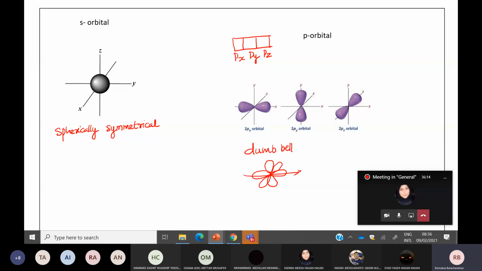One is along the x-axis, this is the y-axis, and this is the z-axis. This is the actual one, all of them together. If drawn like that it's not clear, that's why it is shown separately. Because one p subshell has 3 p orbitals.